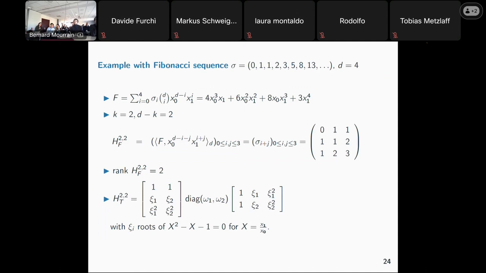I add this binomial coefficient here, and the way I do it is that you want F star to be the moment sequence somehow.